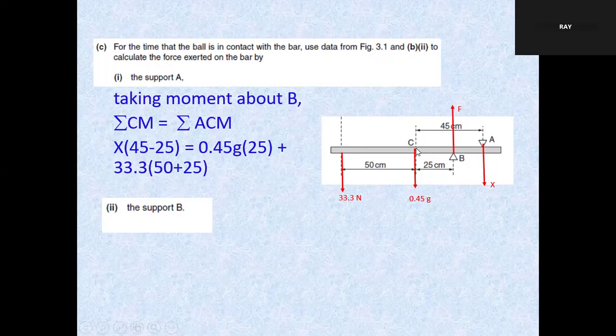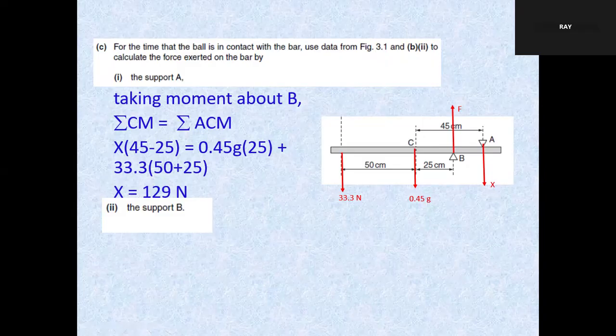And this is 0.45 g, acceleration due to gravity, times 25 cm. Don't have to worry about changing to meters, because here we want to calculate X only. So if we use cm, all will be okay. You can change if you want to. And this one is 33.3 Newton, times 50 plus 25. And calculate out X is that.